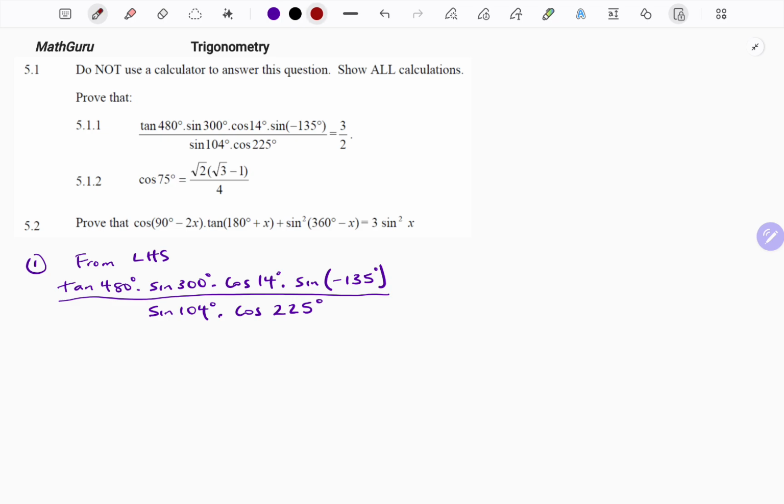Because we've been asked not to use a calculator, I'm going to start by drawing my CAST diagram in order to help in my reduction.